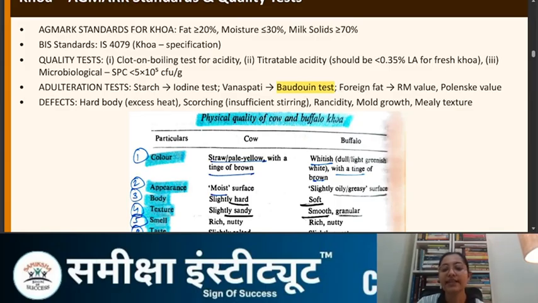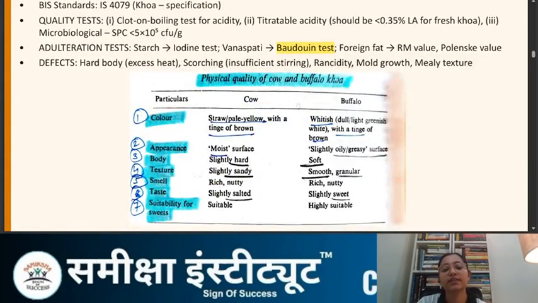It will hydrolyze the milk fat because of the presence of lipase, which is an enzyme that gets activated around 40 degrees Celsius. Mold growth can also be there if it is very old or stale khoa. Then mealy texture can also be there.